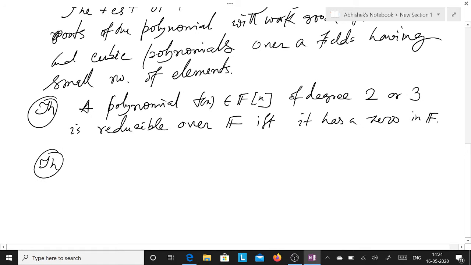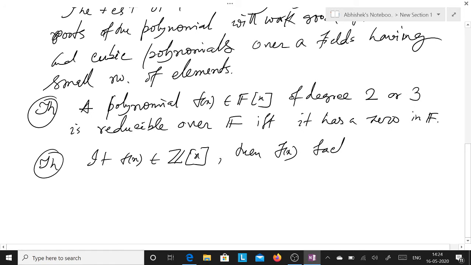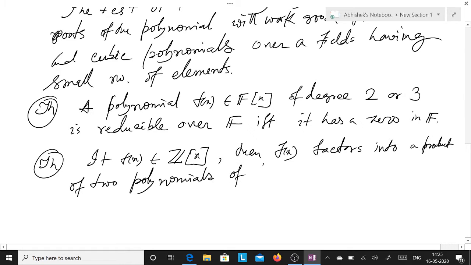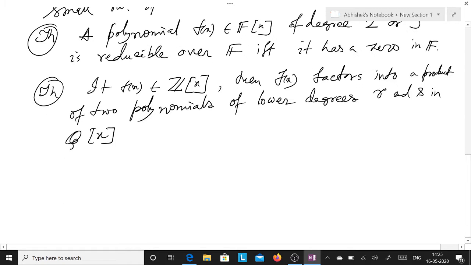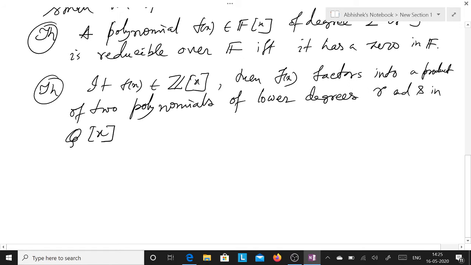The theorem is, if f(x) belongs to Z[x], that is f(x) is a polynomial with integer coefficients, then f(x) factors into a product of two polynomials of lower degrees r(x) and s(x) in the polynomial ring Q[x] if and only if it has such a factorization with polynomials in Z[x].